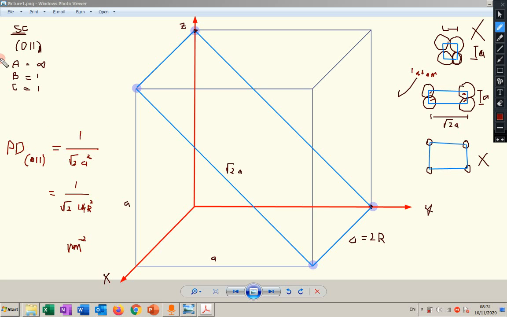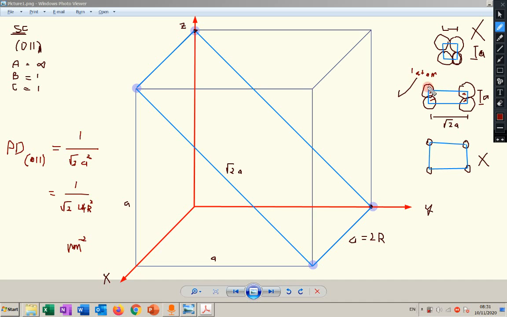So what we did, we first drew the plane, then we found its lengths, A and root 2A, then we drew the configuration of the atoms. Because those atoms are touching each other, we have it here and here, and because it's root 2A, they will be a bit separated.